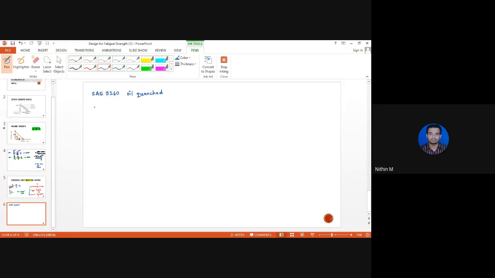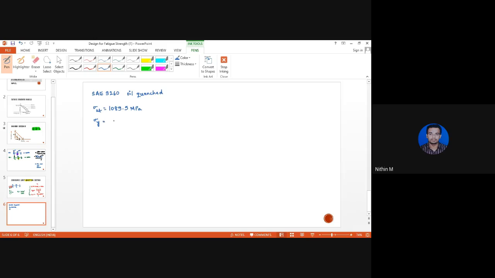In brackets, note down the values. The ultimate strength of it is 1089.5 MPa.